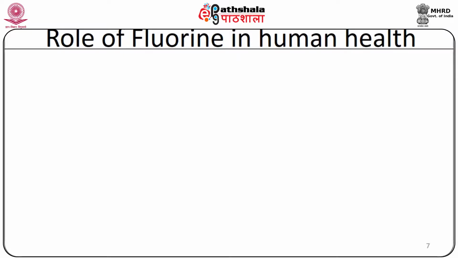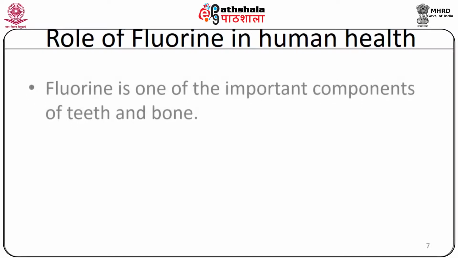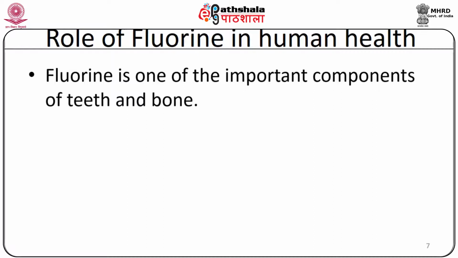Fluorine plays an important role in human health. It is concerned with the growth of the skeletal system, and it is one of the important components of teeth and bone.